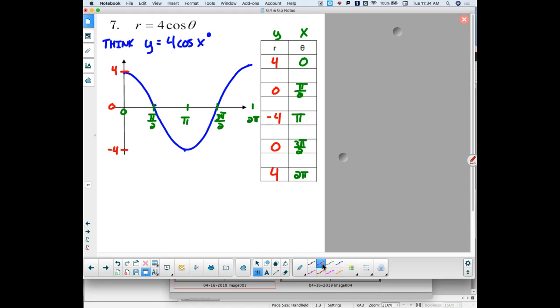Okay. And pi over 4, so halfway here, where would I be at? Would I be at 2?